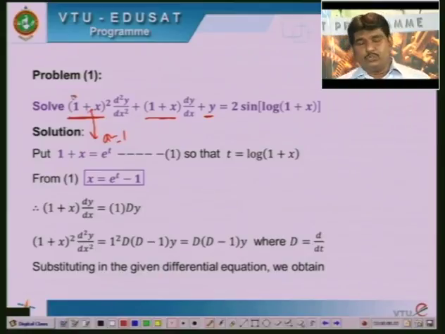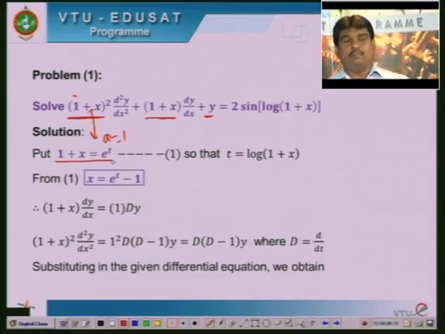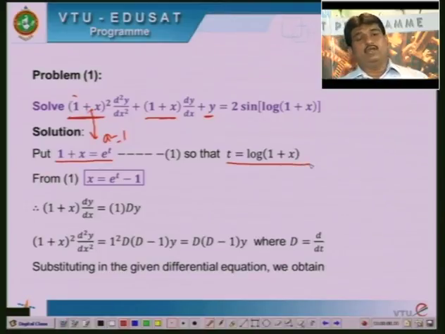This can be reduced to a differential equation with constant coefficients using the substitution ax plus b equals e to the power of t, which is nothing but 1 plus x equals e to the power of t. So t is log of 1 plus x and x is e to the power of t minus 1.